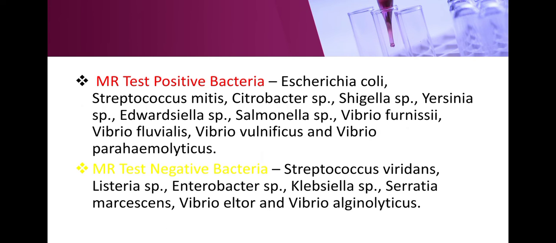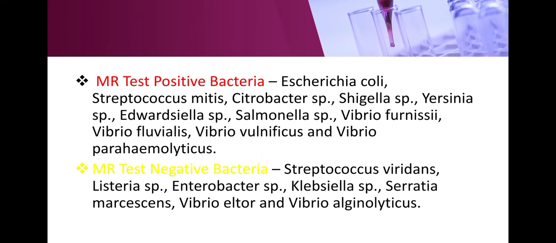MR test positive bacteria: Escherichia coli, Streptococcus mitis, Citrobacter species, Shigella species, Yersinia species, Edwardsiella species, Salmonella species, Vibrio furnissii, Vibrio fluvialis, Vibrio vulnificus, and Vibrio parahaemolyticus. These all come under the MR test positive bacteria.